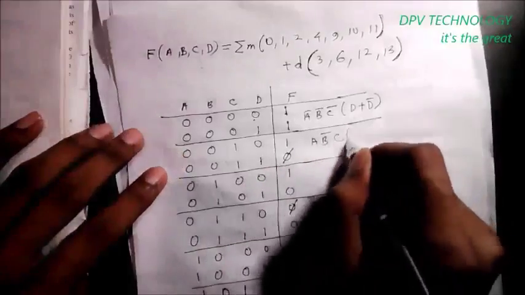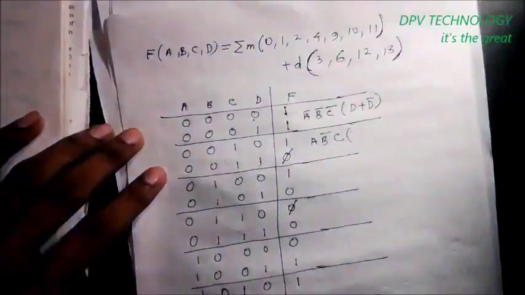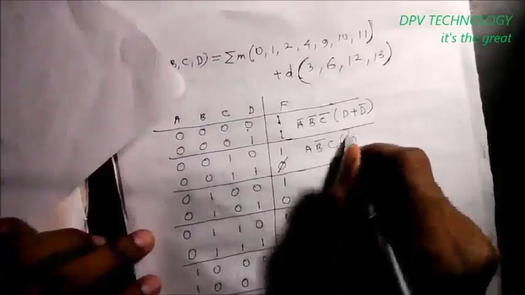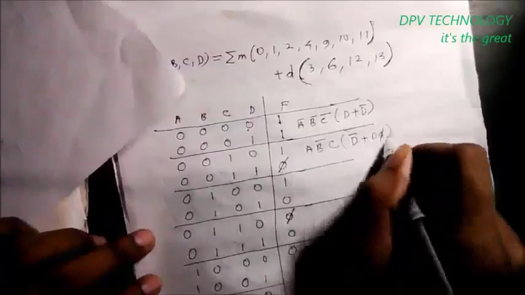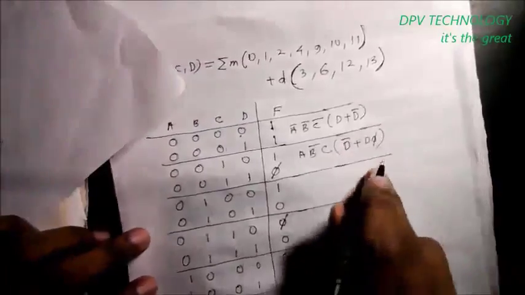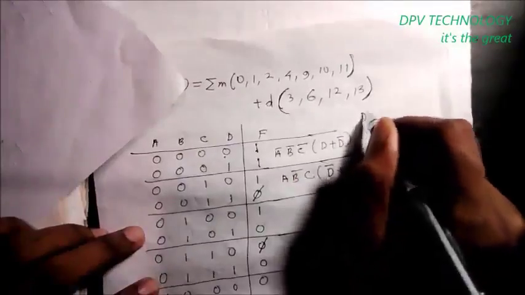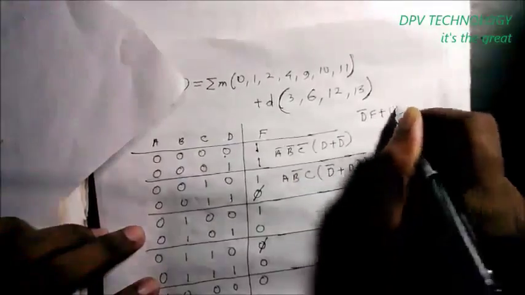So here you will get D bar and D don't care.